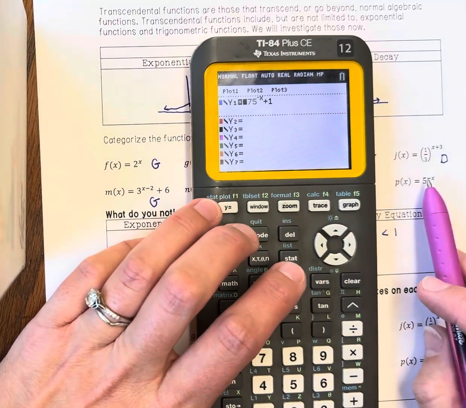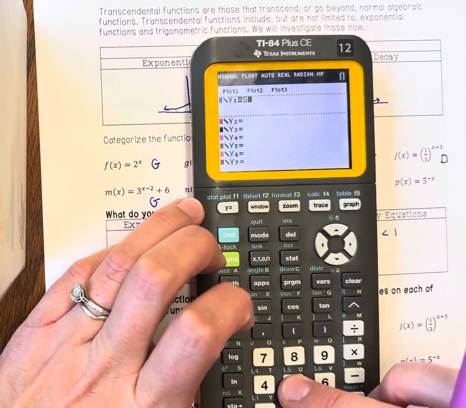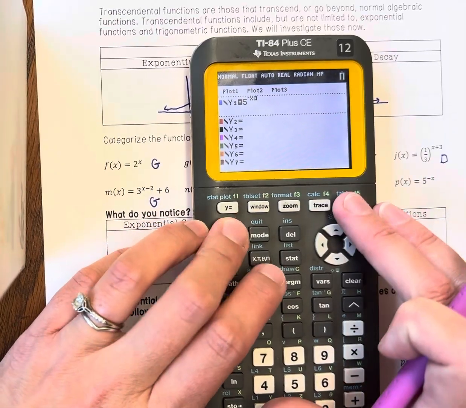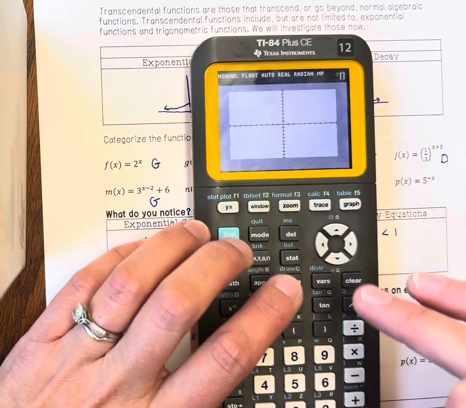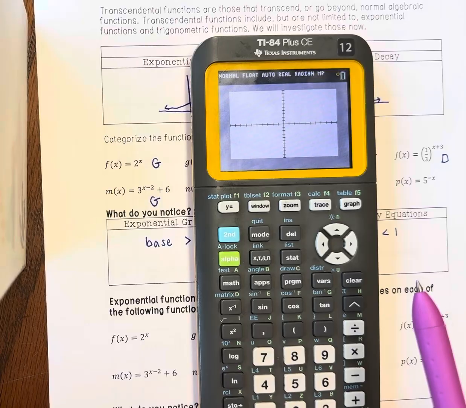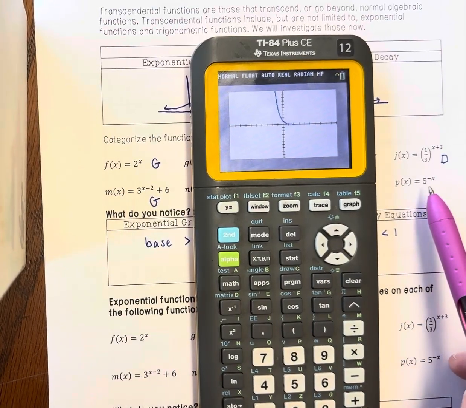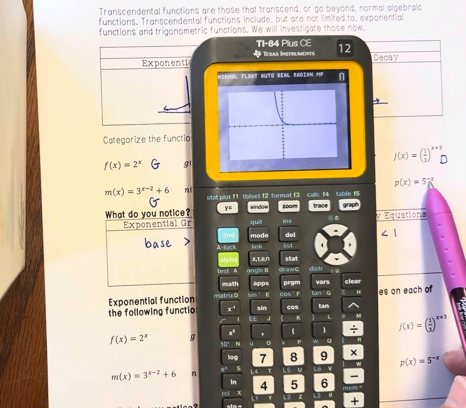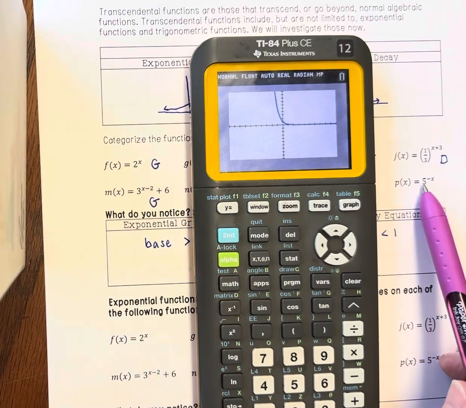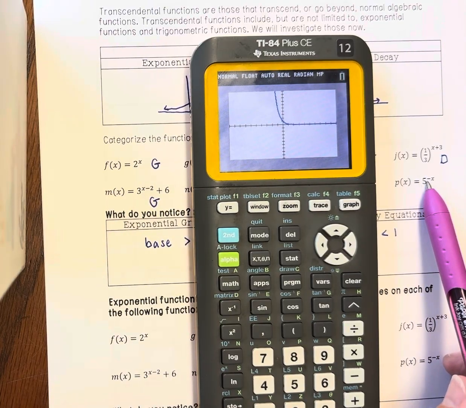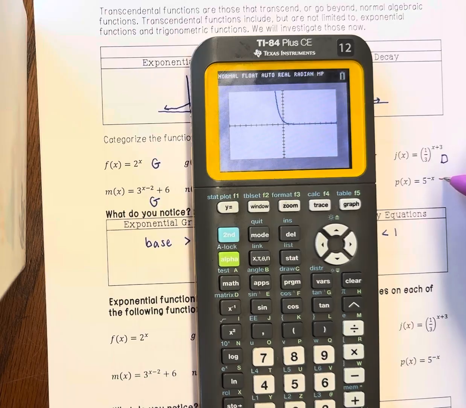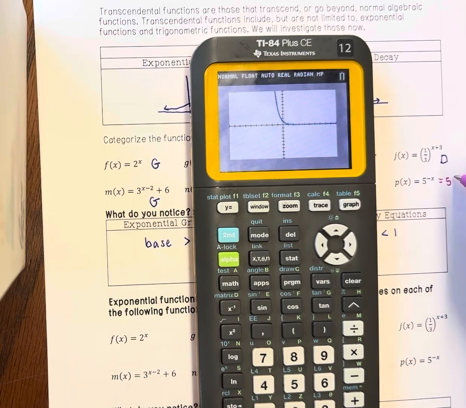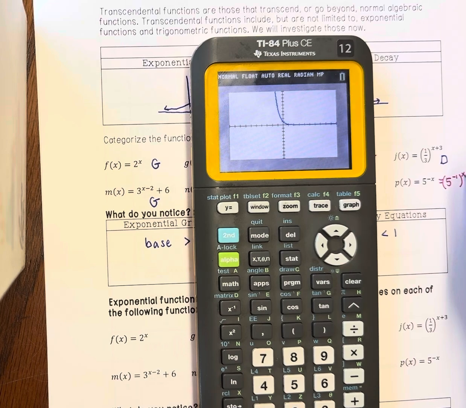Now, if I look at 5 to the negative x, if I graph that, 5 is our base, technically, and it should be growth, but it's decay. And again, the same thing is happening here. This is really 5 raised to the negative 1. If I'm really trying to write what I'm talking about, I would be writing 5 to the negative 1 power and then to the x power.